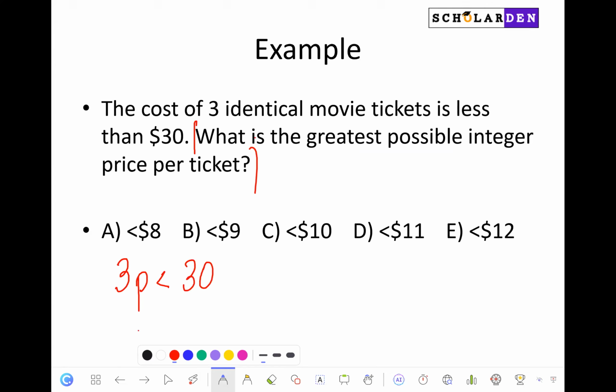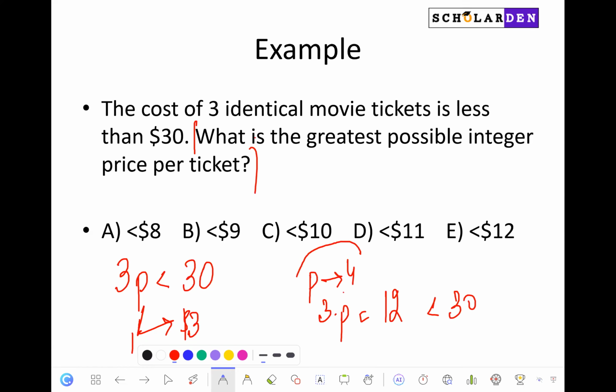If I assign P equal to 1, the 3 tickets would cost $3, which is less than 30, perfectly valid. If I assign P the value of 4, then 3 times P would be equal to 12, and 12 is less than 30.